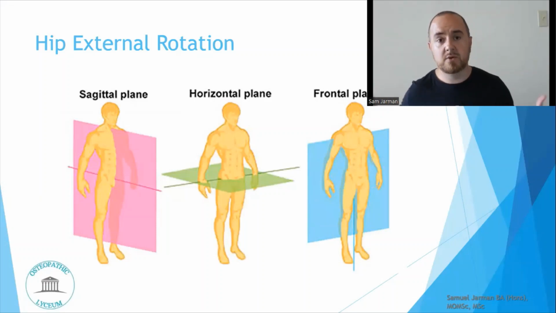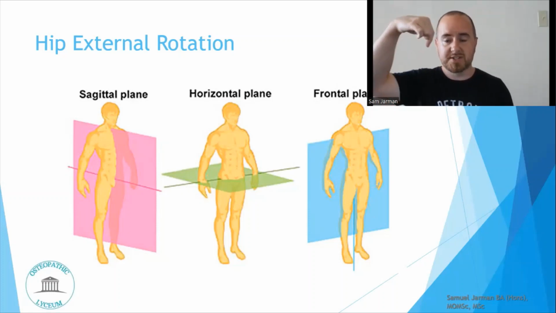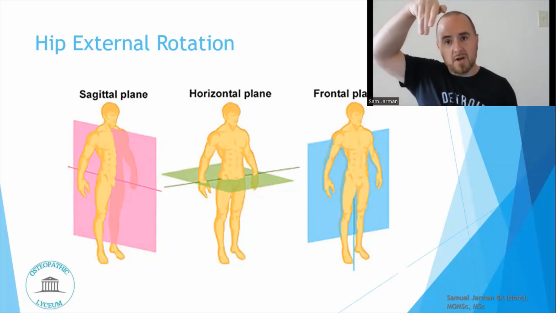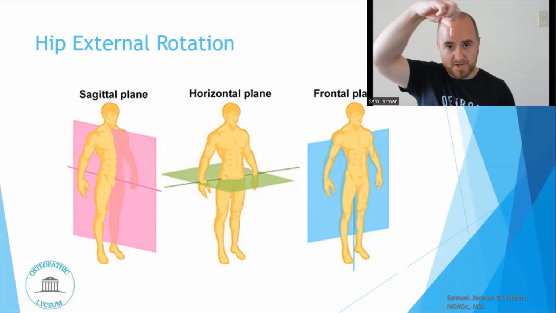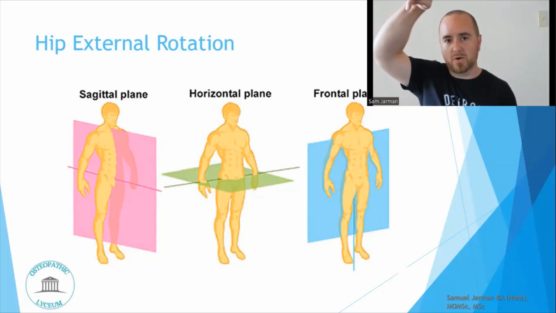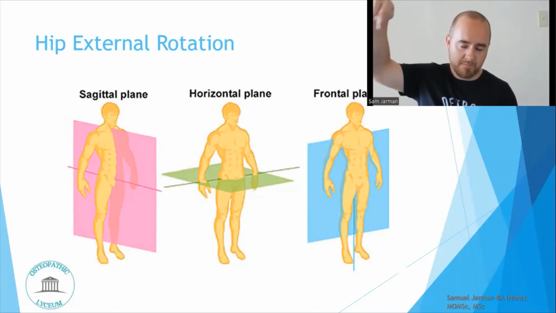With respect to the anatomical position, so the legs more or less straight up and down underneath the torso or underneath the pelvis, external rotation is considered turning of the thigh away from the midline of the body, or the foot away; the toes will point away from the midline of the body in the totality of the movement.